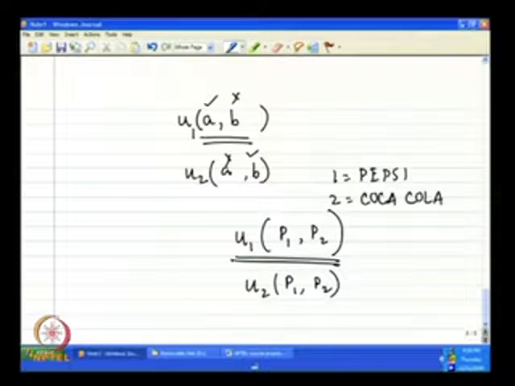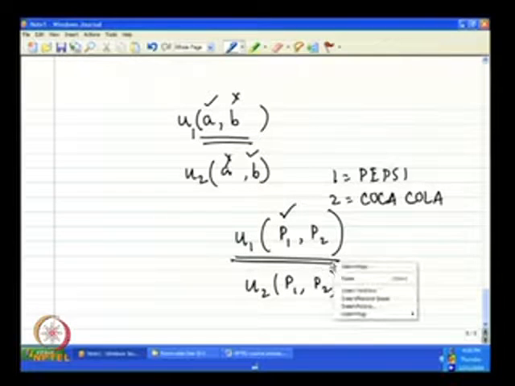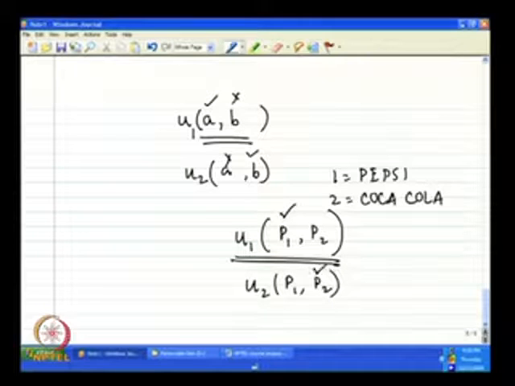And mind you, Pepsi has control over only P1 and Coca-Cola has control over only P2. And there the element of interaction comes in, that P2 decided by the other person is affecting 1 and P1 is affecting 2. And our aim will be to find out how we arrive at a situation where there is a kind of stability, what we shall call an equilibrium, and that will be the purpose of our study of game theory.